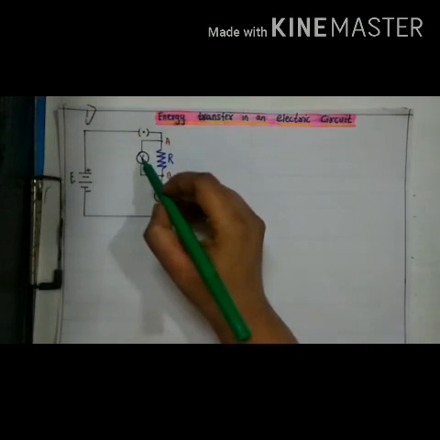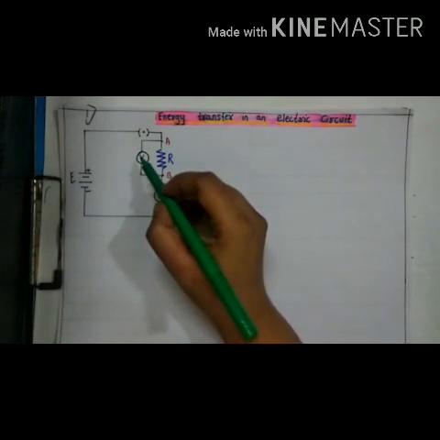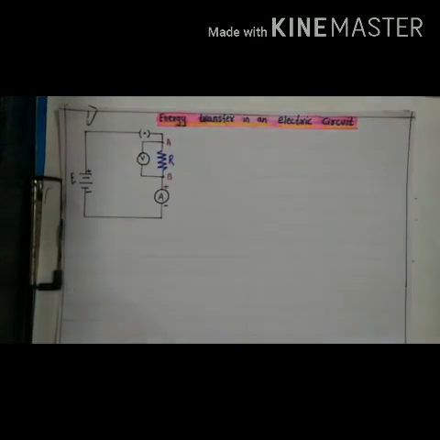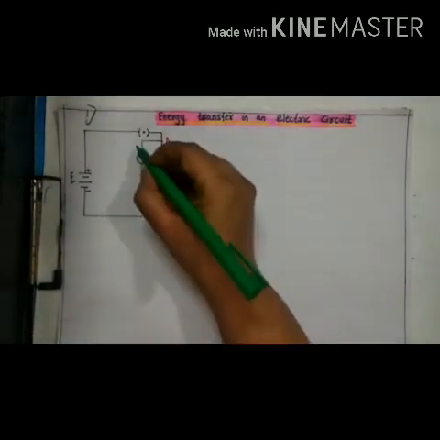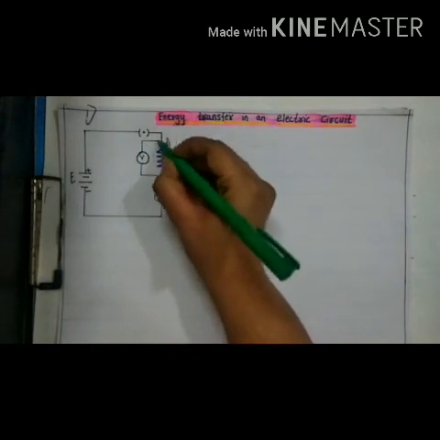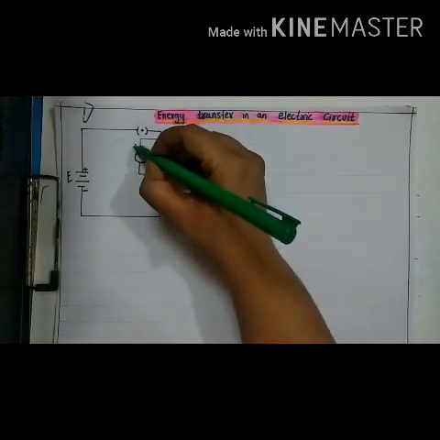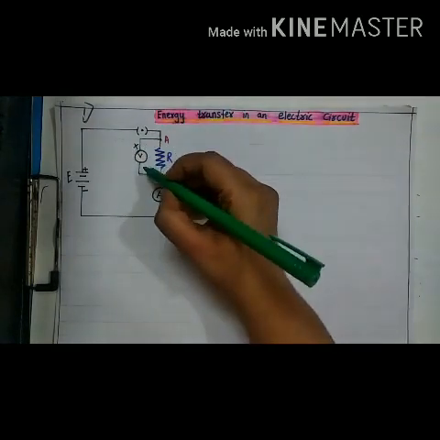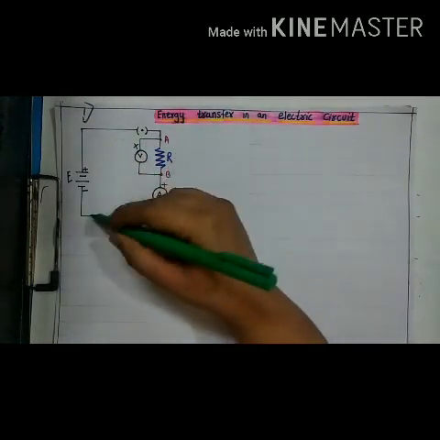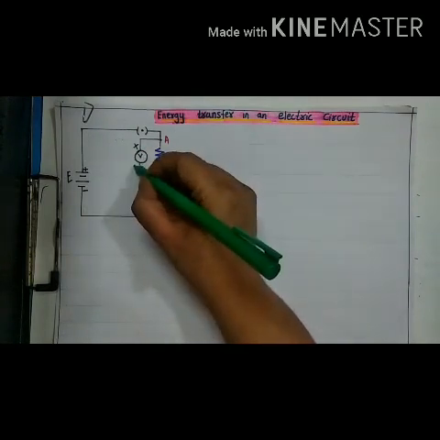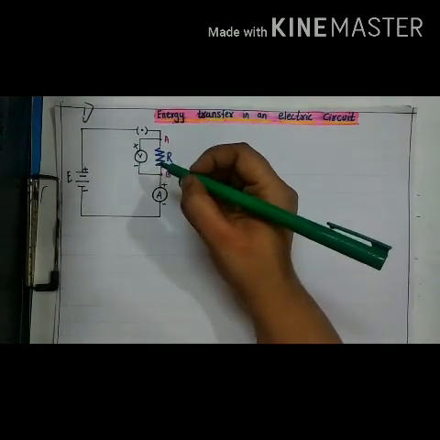A voltmeter is used to measure volts, that is, how much potential difference there is. To measure potential difference, we use a voltmeter. This side is connected with the positive terminal of the battery, so it is denoted by plus, and this side of the voltmeter is connected with the negative side of the battery, so here it is denoted as minus.